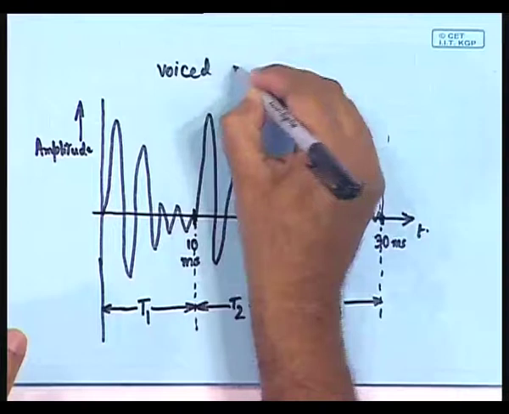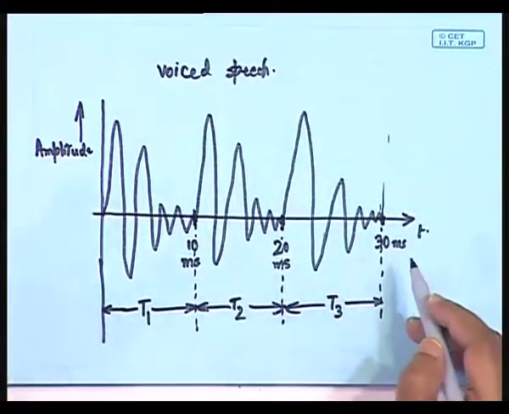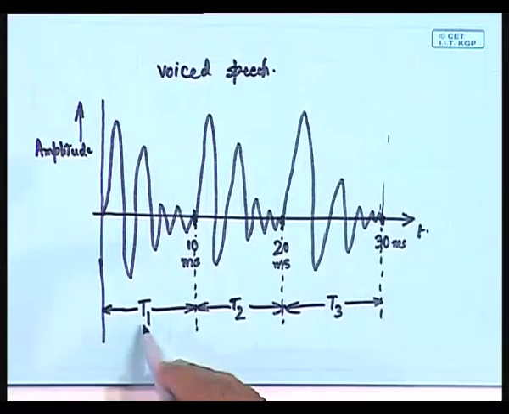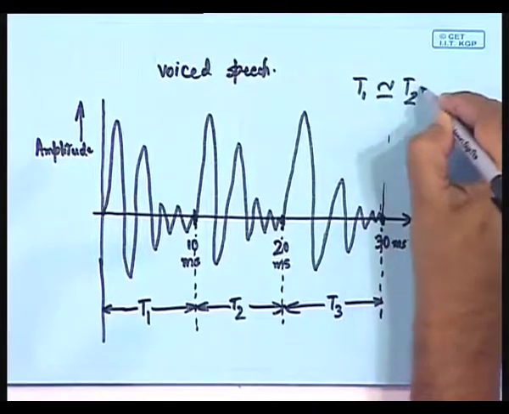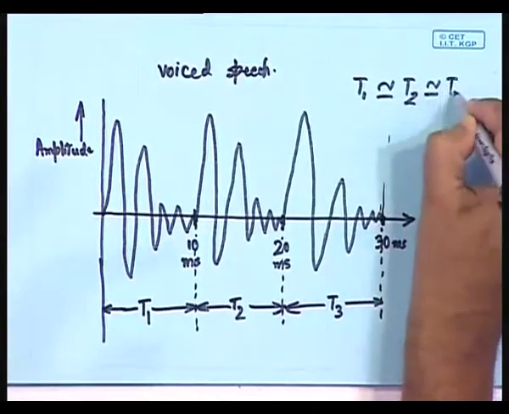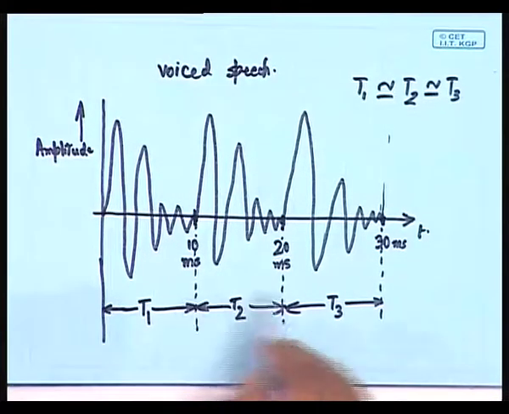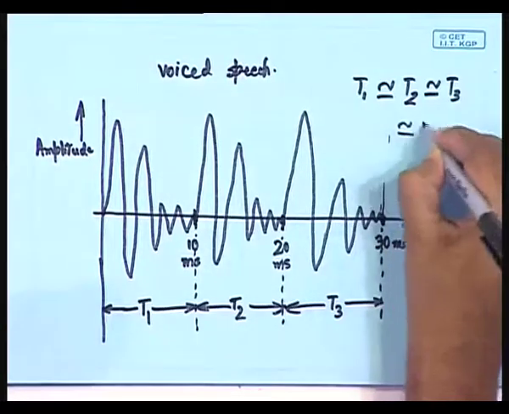This is a typical voiced speech that we are showing for 30 milliseconds, and within 30 milliseconds we are assuming a kind of quasi periodicity, because then reasonably T1 is equal to T2 approximately, and that is also approximately equal to T3. So some kind of quasi periodicity can be assumed, and you see that in this particular example waveform that I have drawn, this time period is approximately equal to 10 milliseconds.